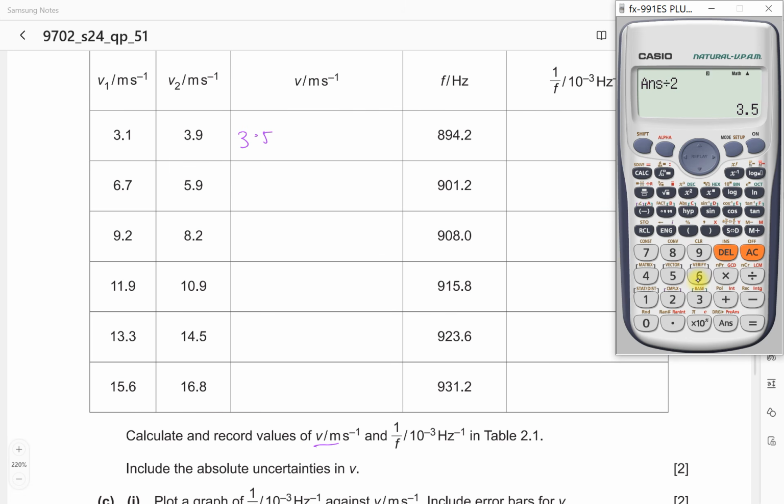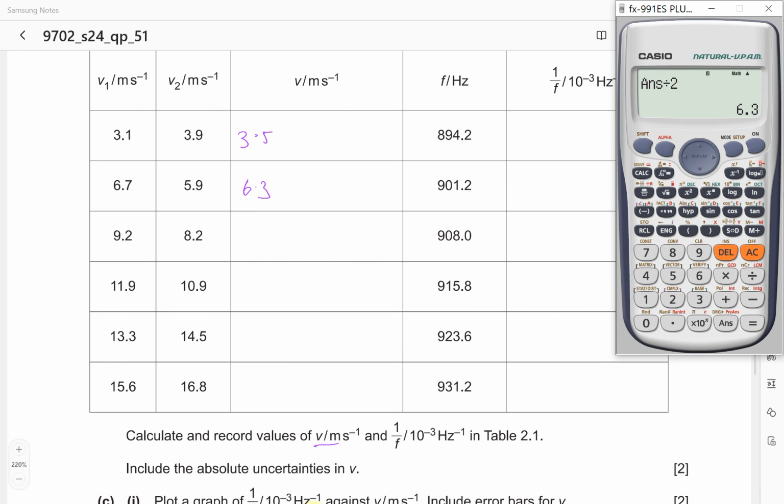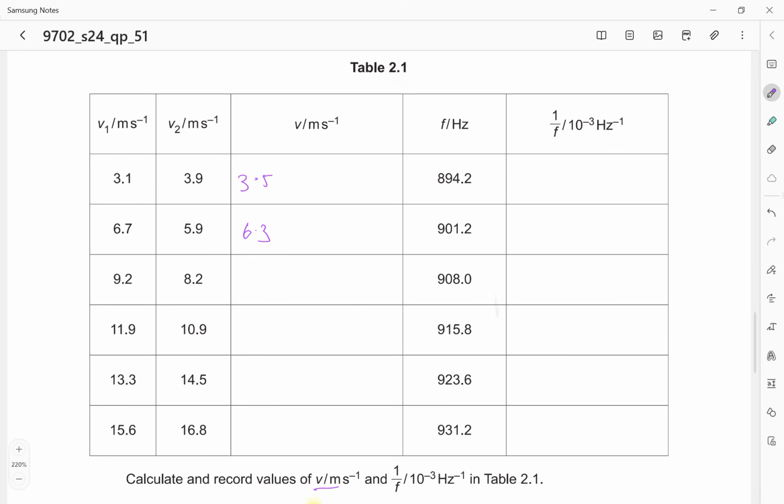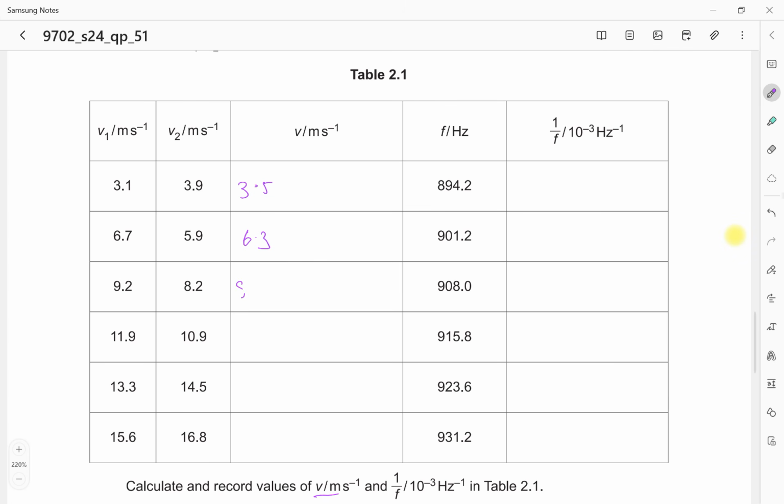Then I have 6.7 plus 5.9 divided by 2, 6.3. Then I have 9.2 plus 8.2 divided by 2, that is 8.7.